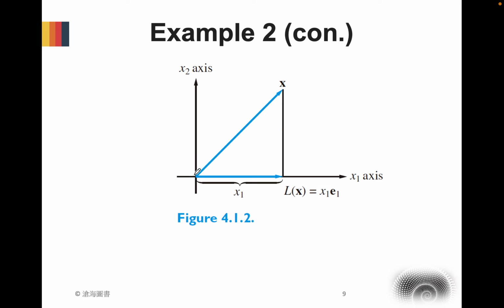Originally, the vector x is like this. And when we do the mapping L, the L mapping lets you project the vector x onto the first axis, right? The geometrical meaning of this mapping is this, x1 e1. So the result is looking like this.